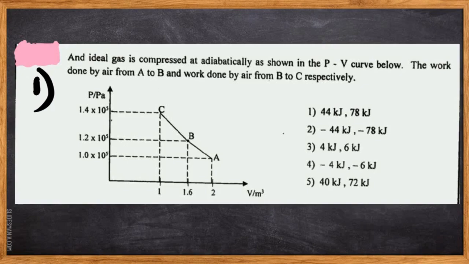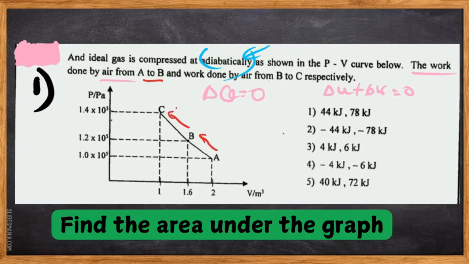See what data they have given us. The PV curve is basically an adiabatic expansion. That means delta Q has to be 0, and delta U plus delta W is 0. And the work done by air from A to B and B to C. Finding work is easy, because you just have to find the area.